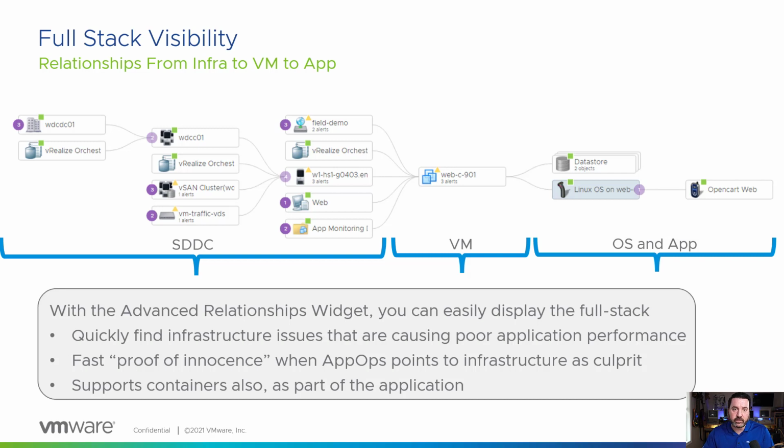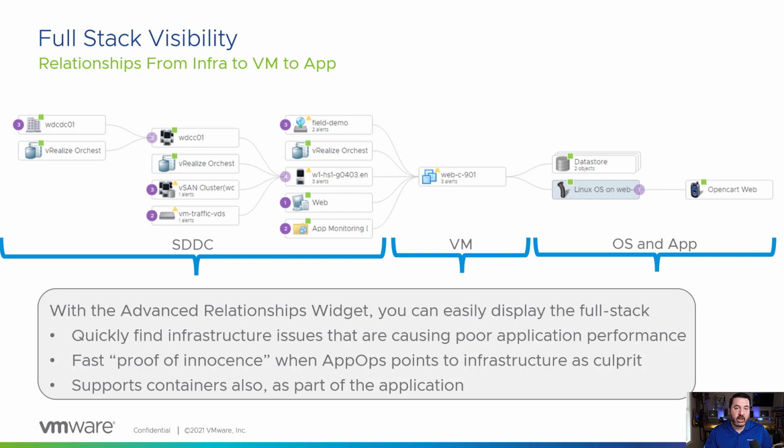This is also great for the troubleshooting workbench in vRealize Operations, which leverages these object relationships to look across all the metrics and all the changes happening within the environment and bubble those up for us. We can say, I'm trying to troubleshoot this virtual machine, but I want you to go several levels above and several levels below as far as parent and child objects go.